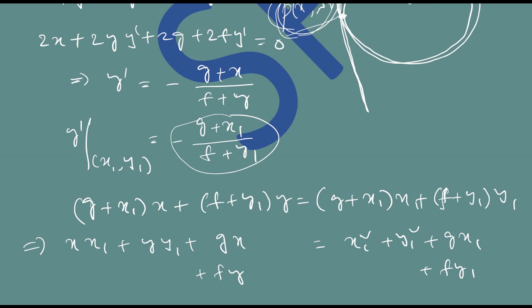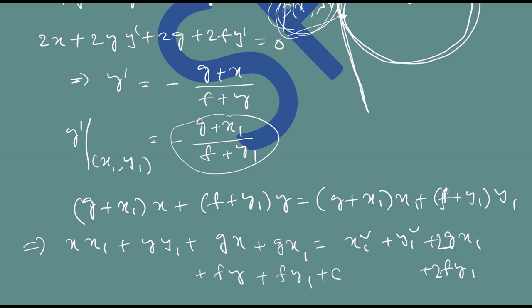So we have equation to the tangent. But to make things simple, I am going to add a gx1 on both the sides. So when I add a gx1, I make it 2gx1 here. And I am going to add a fy1 on both the sides. So I make it 2fy1 here.